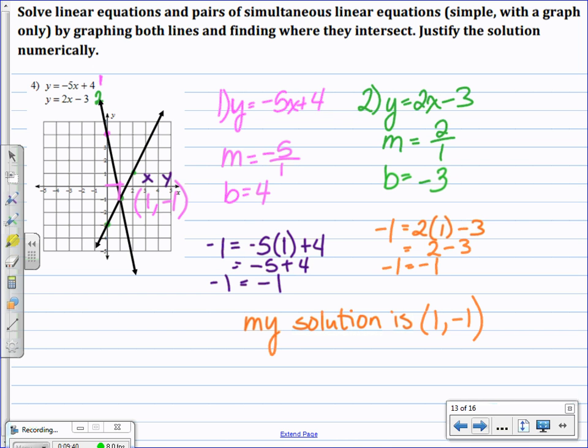This is not slope. I do not write slope this way. Slope is written as a fraction, okay? I saw some of you writing slope this way. That is not correct, okay? So that's my answer. That's a point.